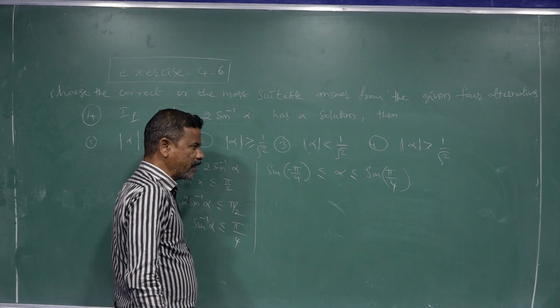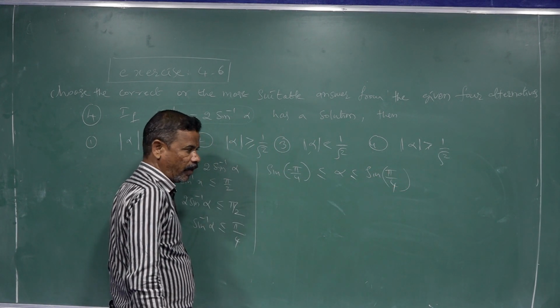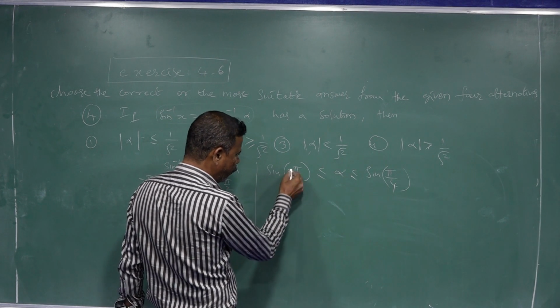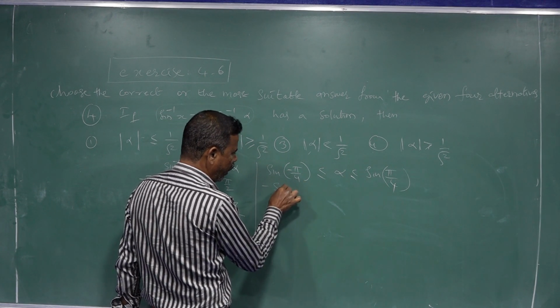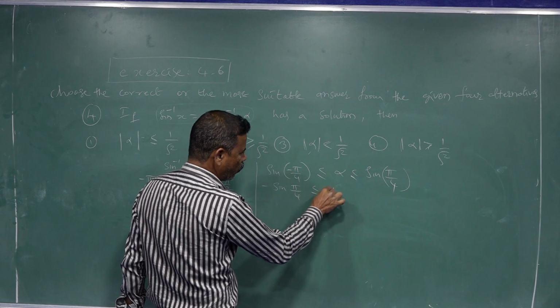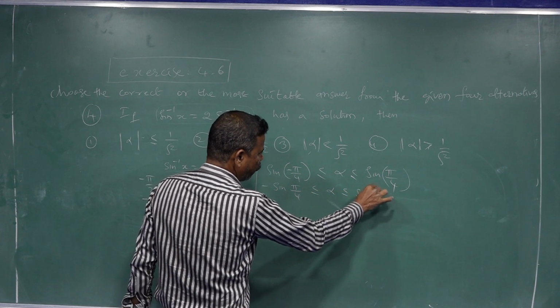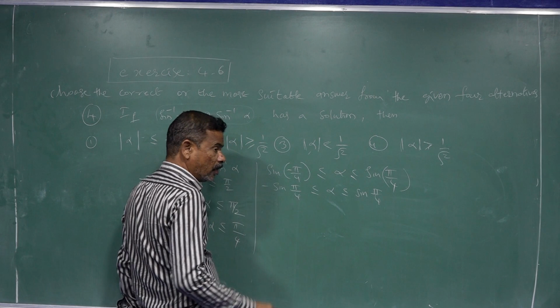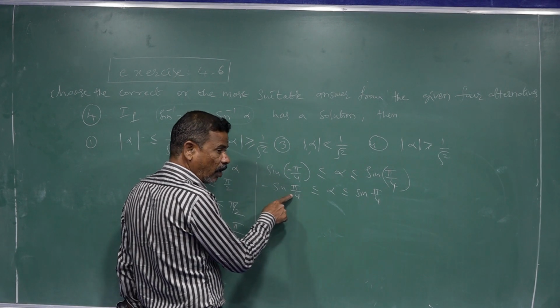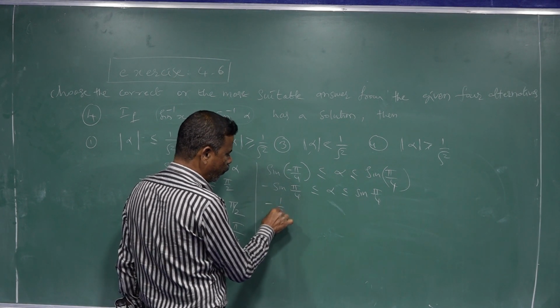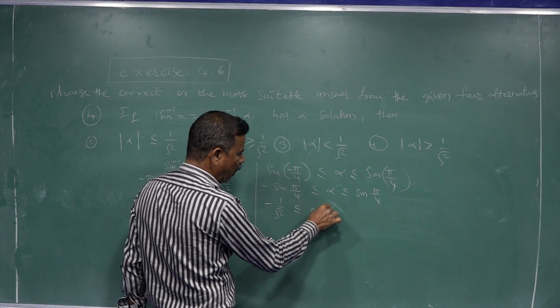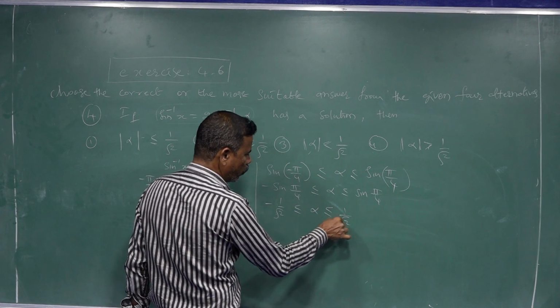Alpha lies between sin of minus π/4 and sin of π/4. So the minus comes outside: minus sin π/4 is less than or equal to alpha, less than or equal to sin π/4. What is the value of sin π/4? 1 by root 2. Minus 1 by root 2 is less than or equal to alpha, less than or equal to 1 by root 2.